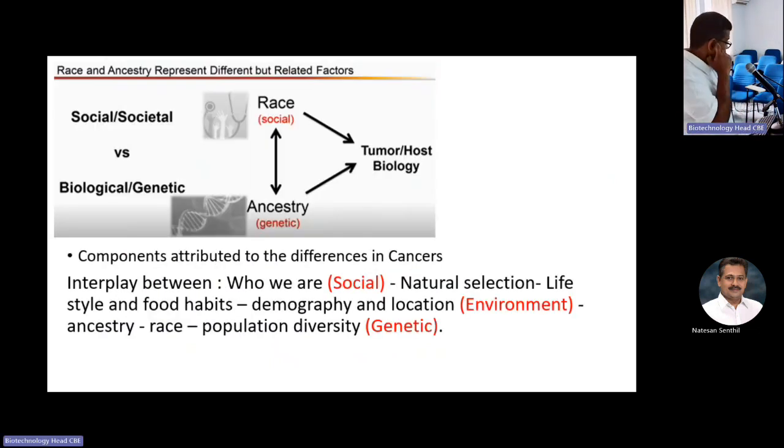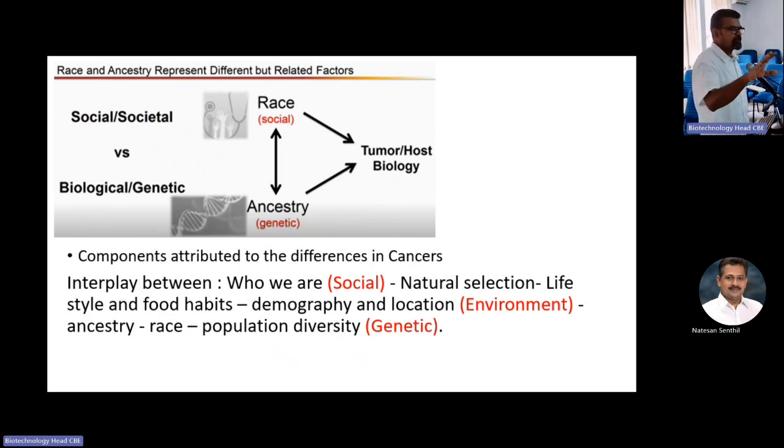So race and ancestry represent different but related factors. There is always an interplay: who we are, that means the social makeup, versus natural selection, lifestyle, food habits, and our environmental factors.